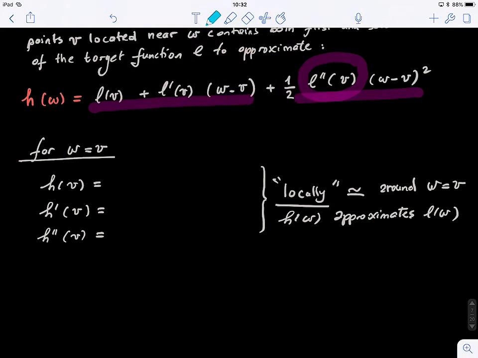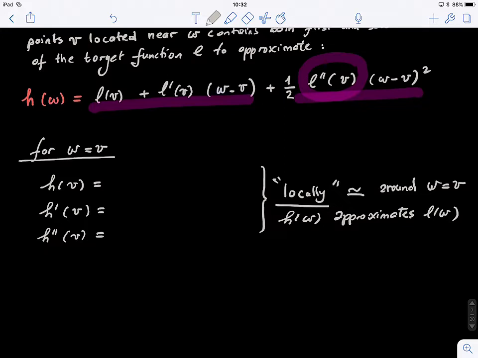So we know that h is a second order approximation of our loss function L around point or observation V. So what you need to do, the first one is quite easy. You're just replacing the W, which is your variable, with V. So the first one should be quite straightforward.